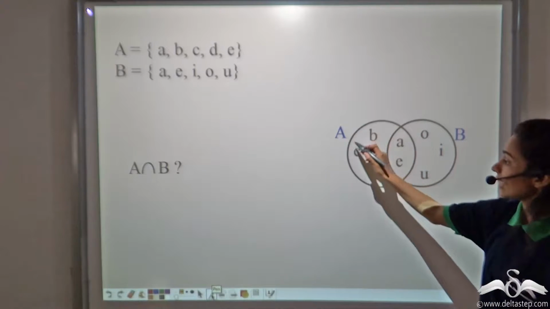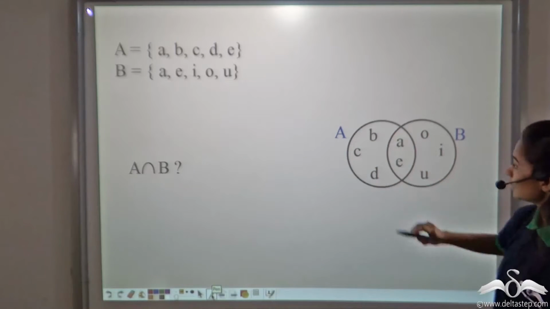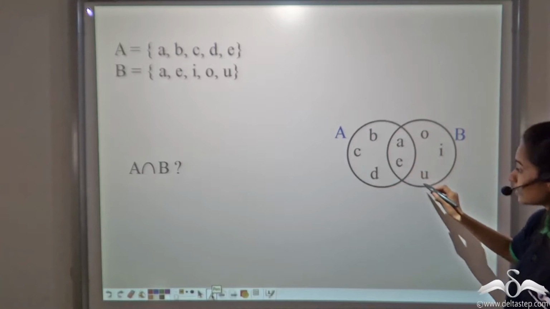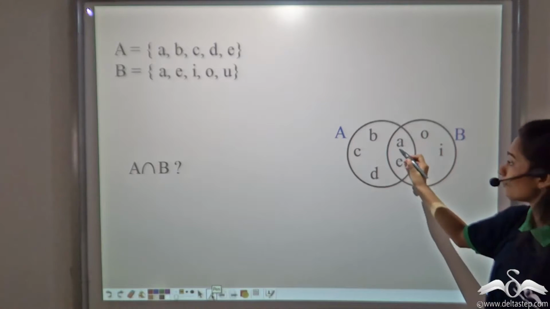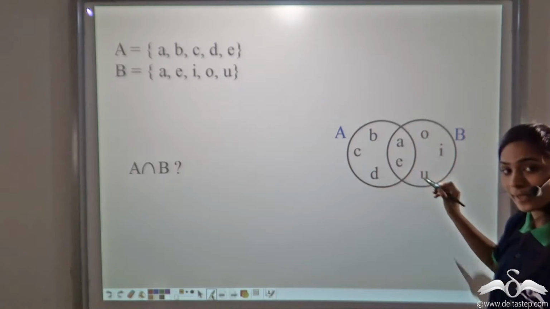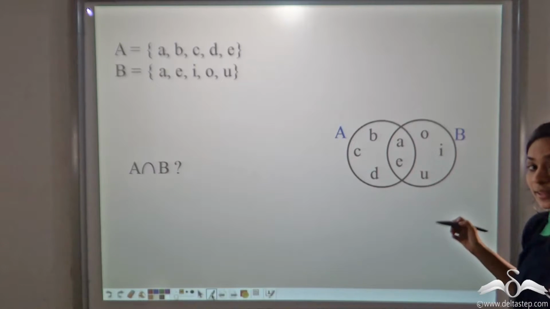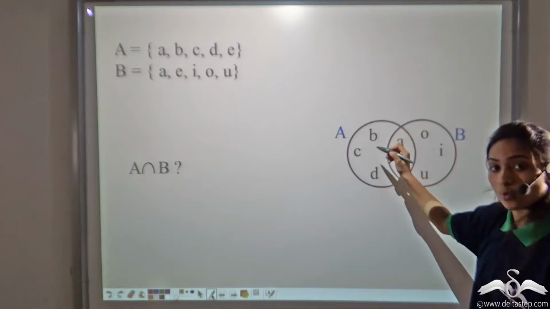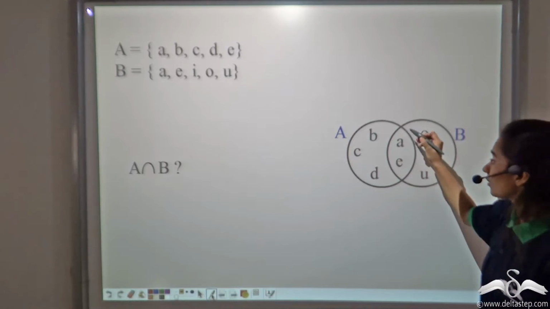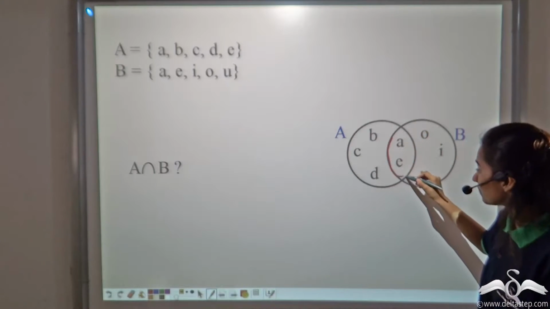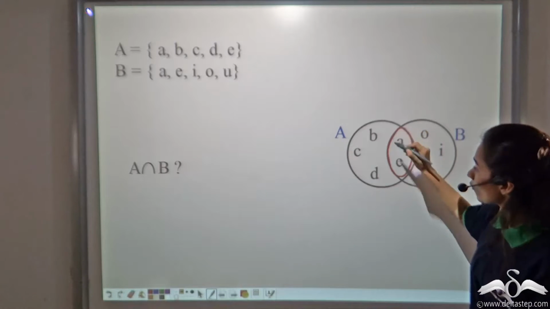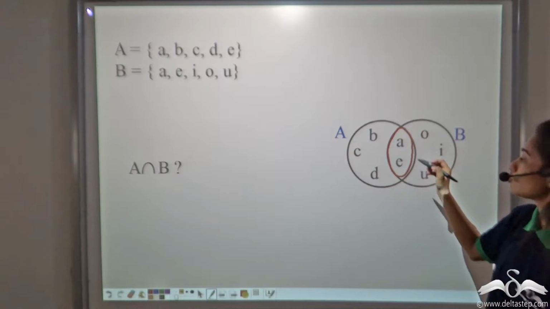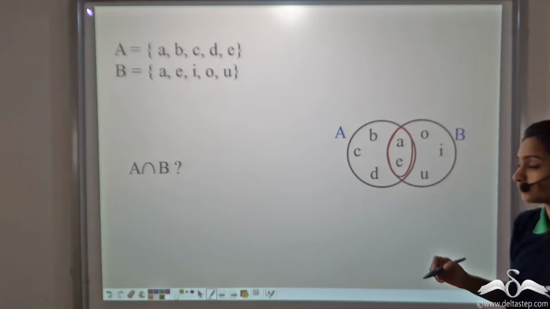Here, set A is this circle and set B is this circle. You can see that both the circles are overlapping each other. Why? They are overlapping because there are some elements that are common to both A and B. Well, this part shows which elements are common to both A and B.